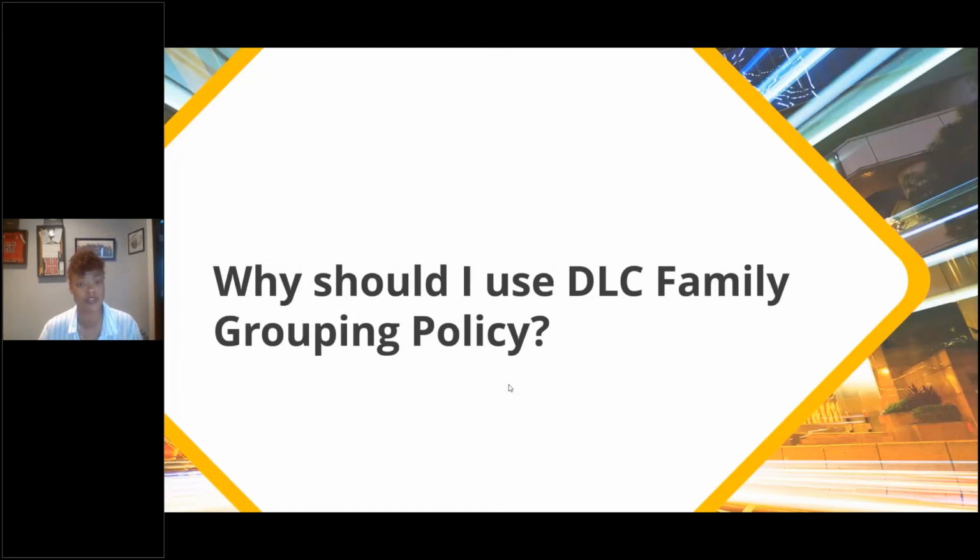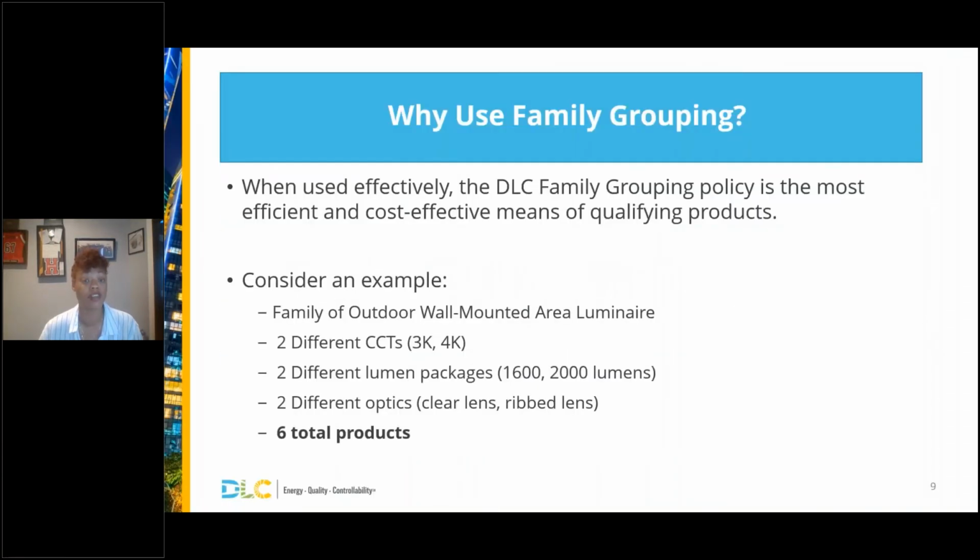Now, why should you use the family grouping policy? As I stated in the previous slide, it does reduce testing burden and application costs. So let's look at an example. Let's think about a family of outdoor wall-mounted area luminaires that have two different CCTs, two different lumen packages, and two different optical options, which is a total of 6 products.